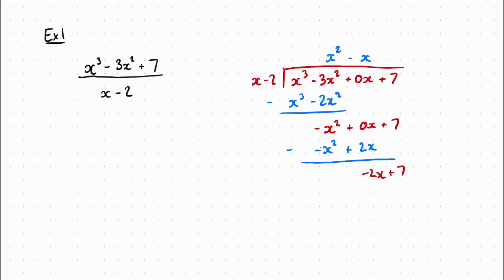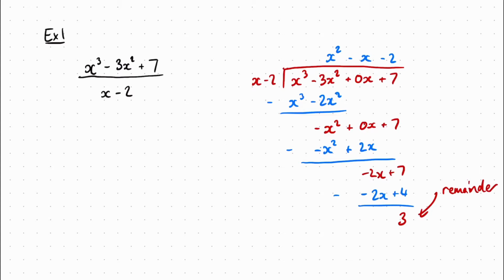Then what do I have to multiply x minus 2 by to get rid of minus 2x plus 7? That would be negative 2. Multiply through by negative 2, giving minus 2x plus 4, take it away, 7 minus 4 is 3, and that is our remainder.